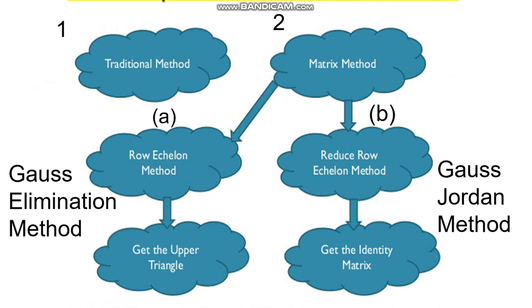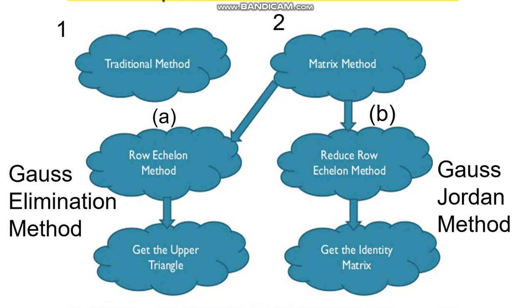The matrix method has two categories, category A and category B. Category A is the row echelon method. In this method, we get the matrix only as an upper triangle. In category B, the reduced row echelon method, if we apply this method to any matrix, we get an identity matrix.